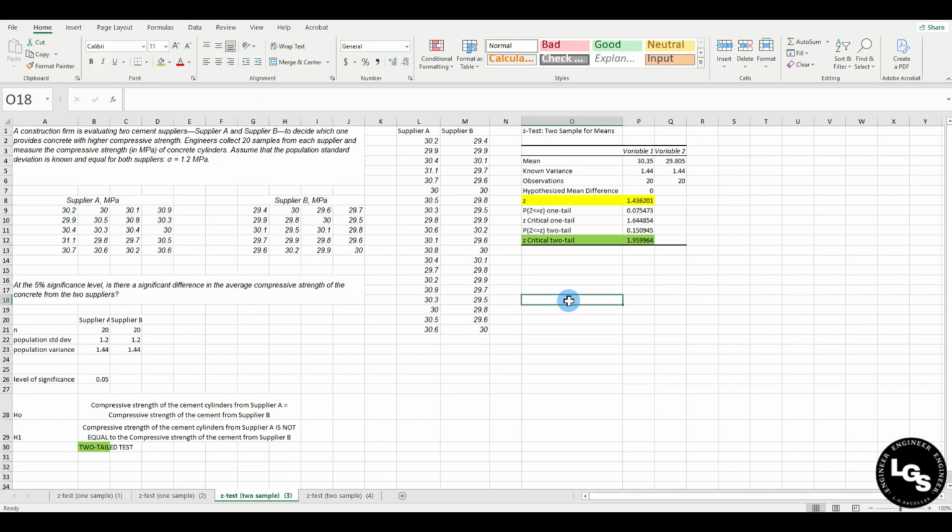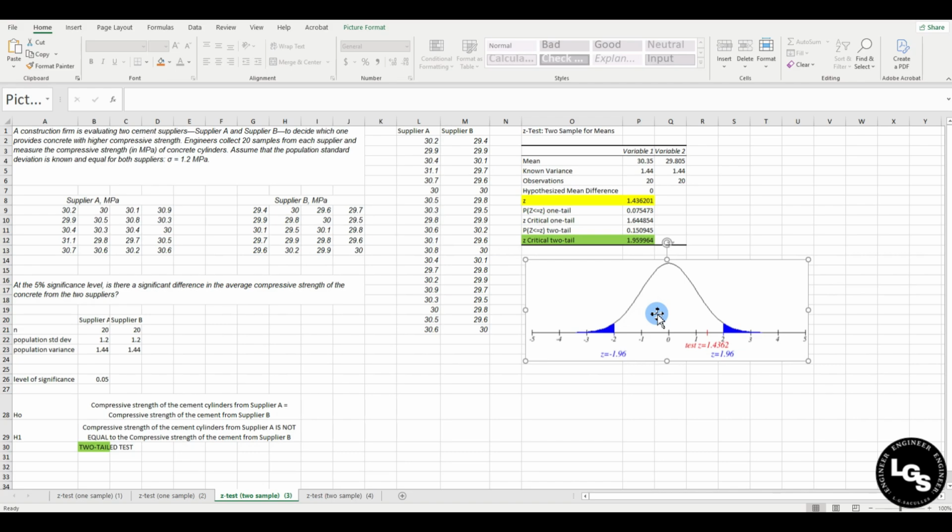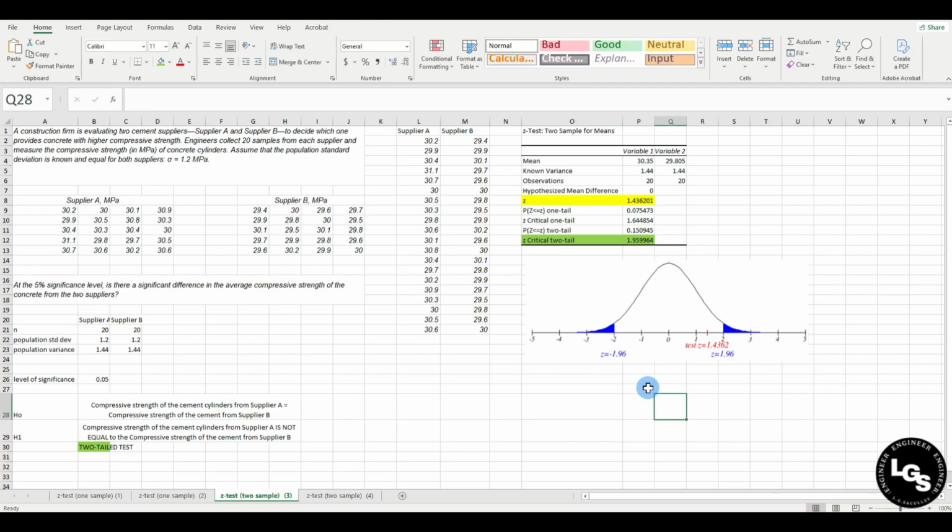This is our critical value. If we check the bell curve and the critical region, this is our critical region. The critical region for two-tail is positive and negative 1.96. This is the blue region. Then our computed z value is 1.43. This is the red line here.